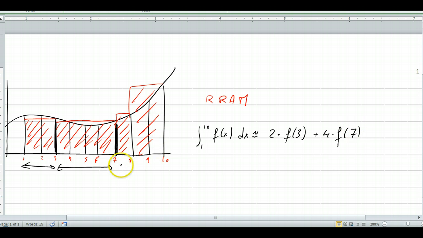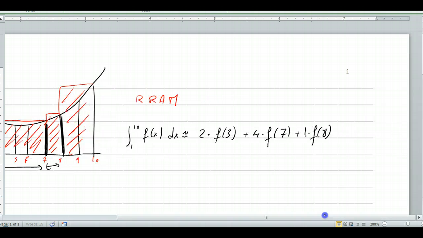The third one, base of 1, and you're using f of 8, plus 1 times f of 8. And the last one, base of 2, and you're using f of 10, because it's a right sum. Plus 2 times f of 10.